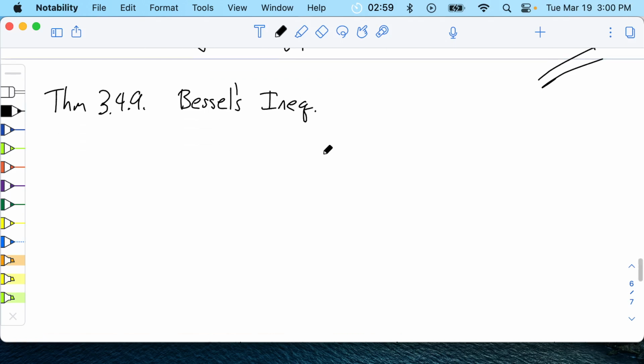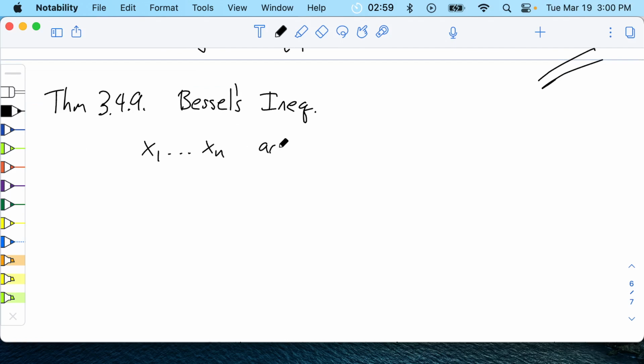Okay, and Bessel's inequality says you have x1 to xn, which are orthogonal. Orthogonal, or are they orthonormal? They're orthonormal. Okay, let's make them orthonormal. So you have this orthonormal system. You have n orthonormal vectors, and x is any vector.